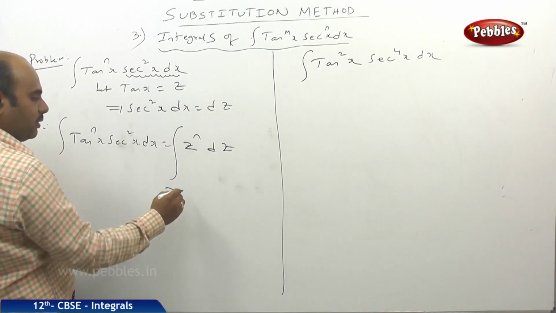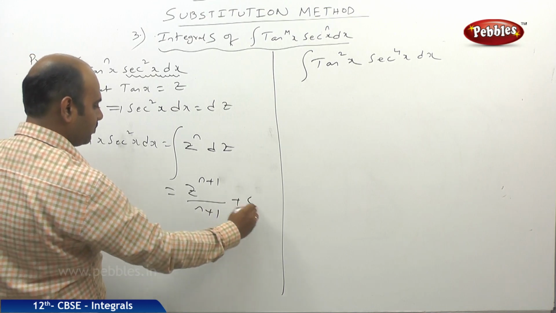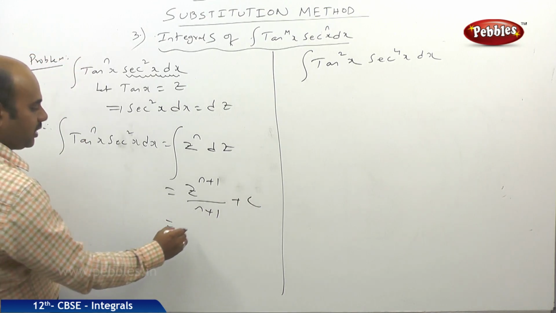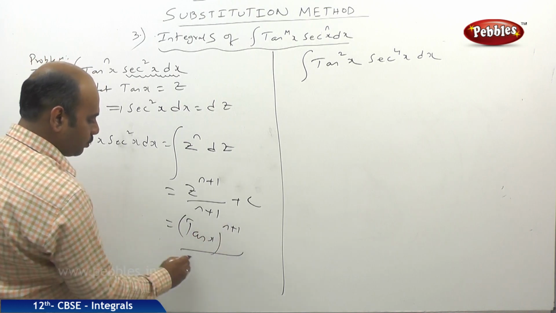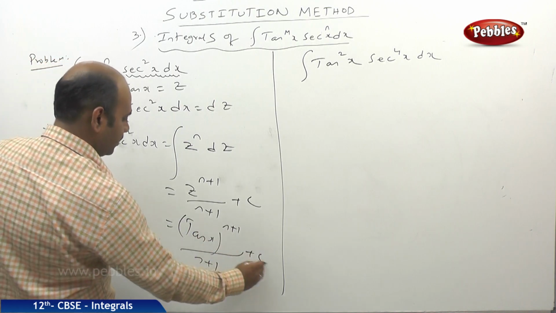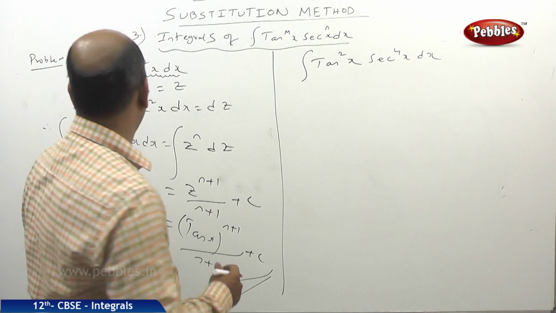So integral of z power n is nothing but z power n plus 1 by n plus 1 plus c. But what to substitute in place of z? Tan x whole power n plus 1 by n plus 1 plus c. I think you are very clear. It's a very simple pattern. Similarly, we shall see another problem.